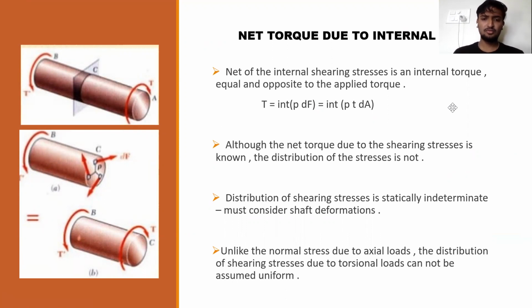So the distribution of shearing stresses is statically indeterminate. Unlike the normal stress due to axial load, the distribution of shearing stresses due to torsional loads cannot be assumed uniform. So this is the formula: T is equal to the integral of rho dF, which is equal to the integral of rho tau dA.